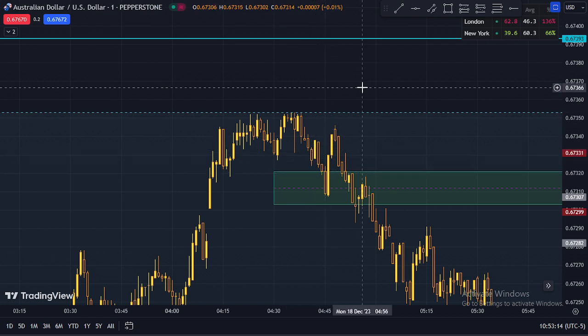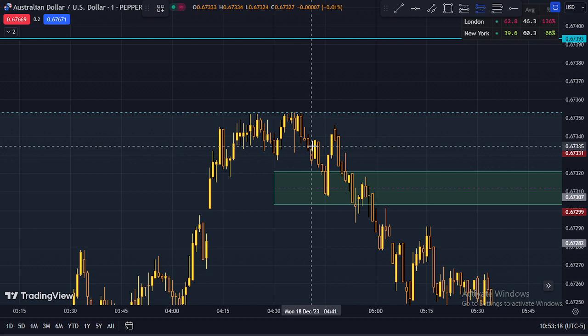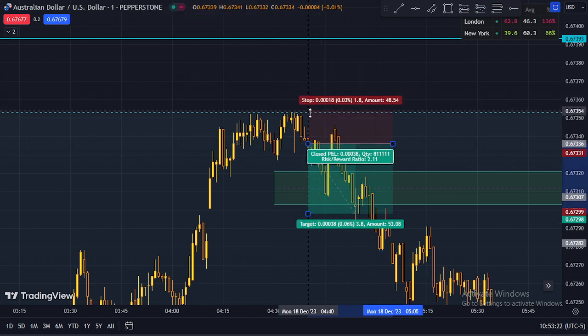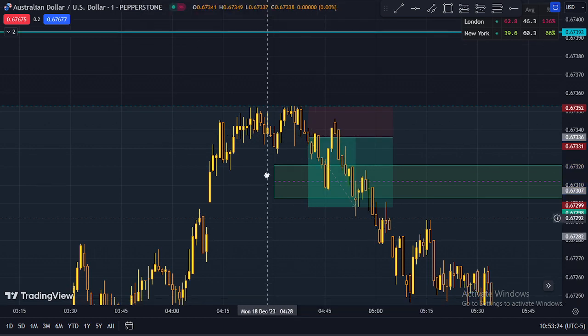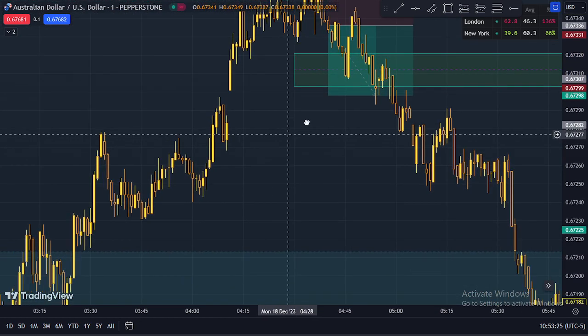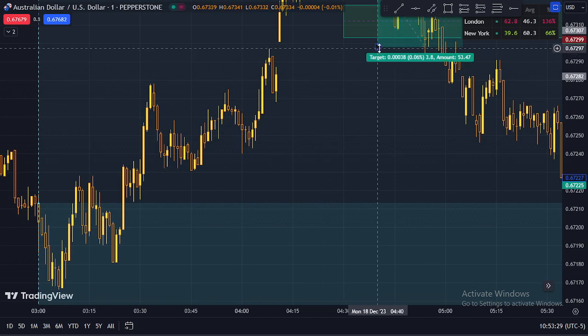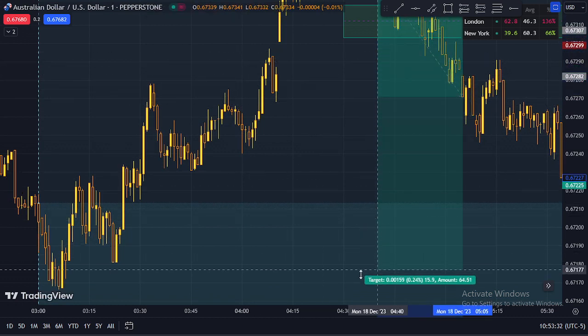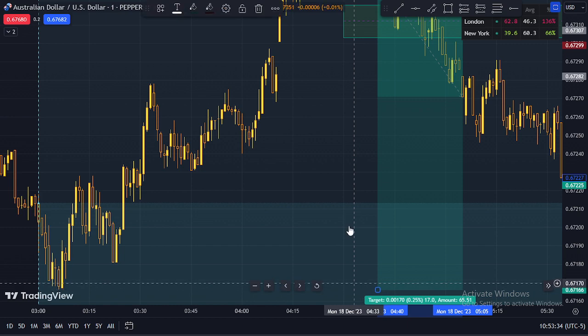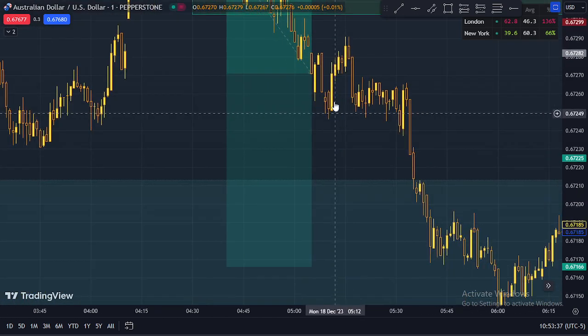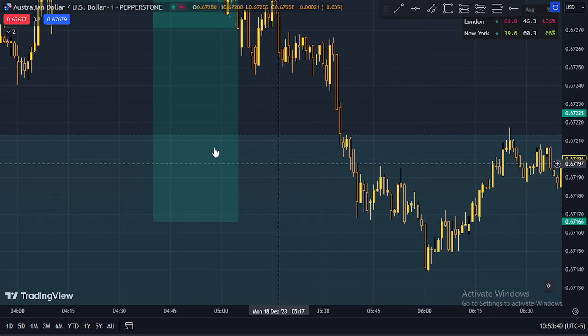So you could be going short inside the fair value gap right there, your stop above that, and you aim for these lows. So that was a 10-hour trade which was nailed in right there.